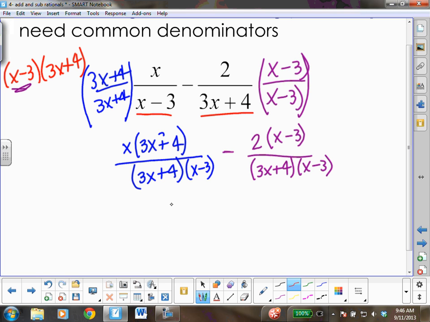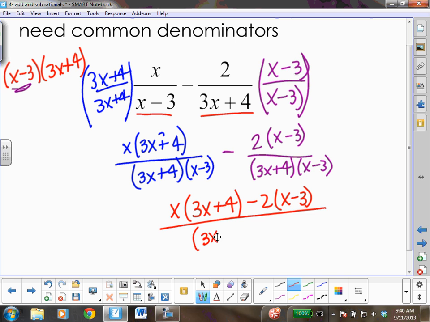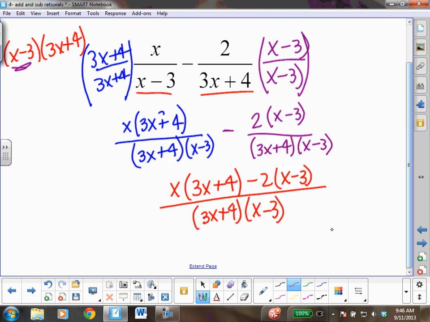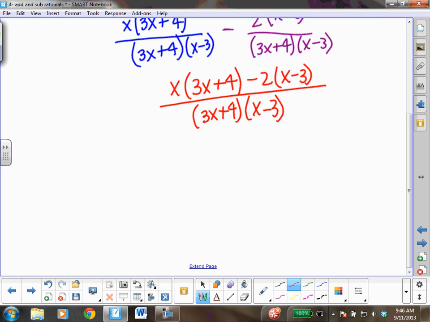Now that I have common denominators, I'm going to combine the two fractions into one fraction. Again, I'm not going to distribute the bottom, but for the top, I need to simplify it.